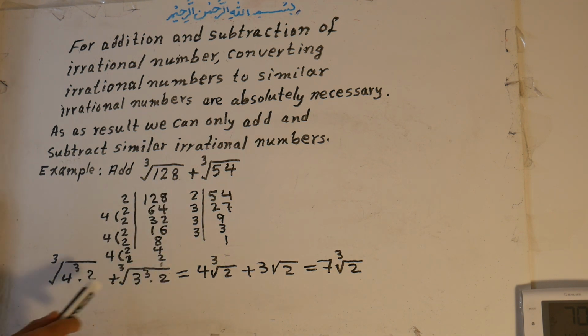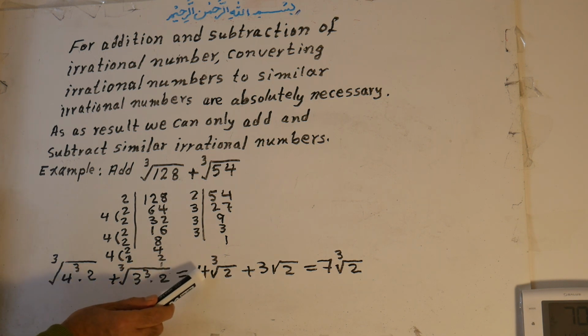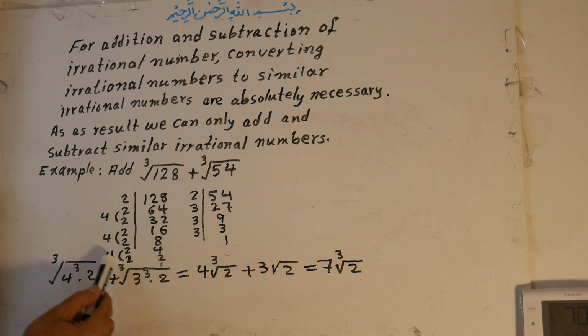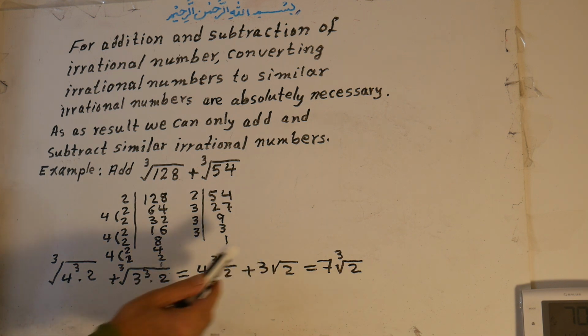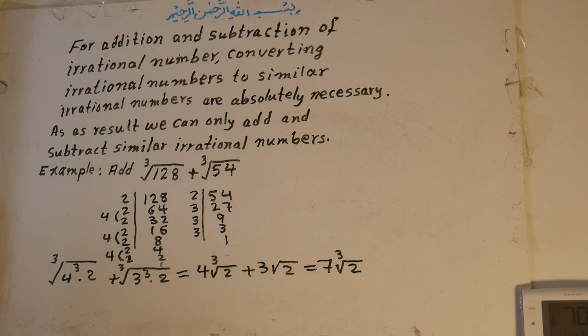This is equal to: the cubic root is cancelled with the power of 3, here remaining only 4 out of the root, times 2 under the cubic root, plus 3 to the power of 3 cancelled with the cubic root, here the 3 coming out of the root, and here only remaining 2 under the cubic root.